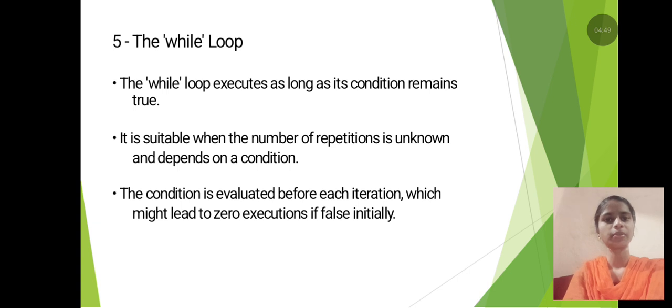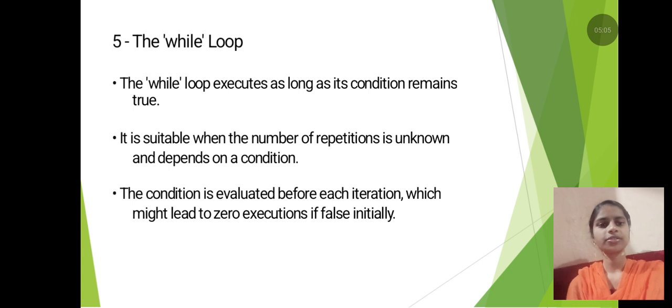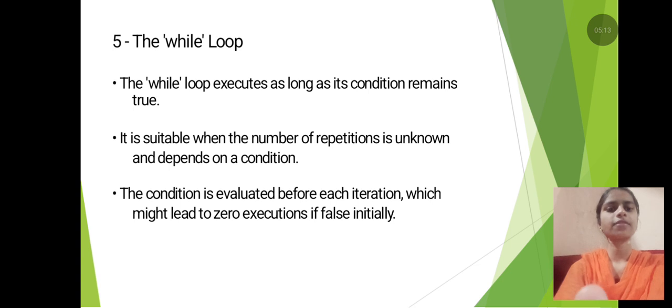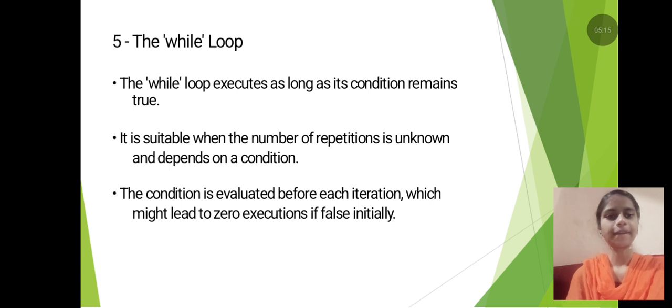And next, while loop. The while loop executes as long as the condition remains true. It is suitable when the number of repetitions is unknown and it depends on a condition. The condition is evaluated before each iteration, which might lead to zero executions if false initially.